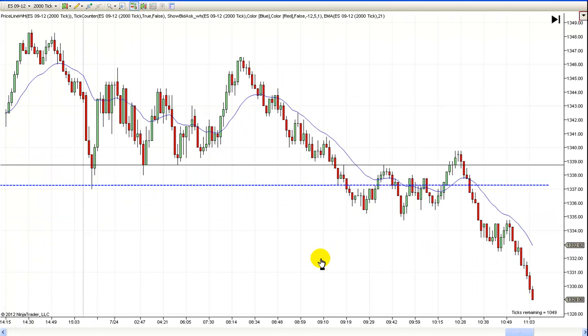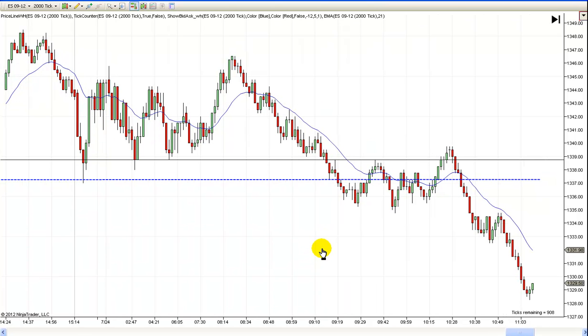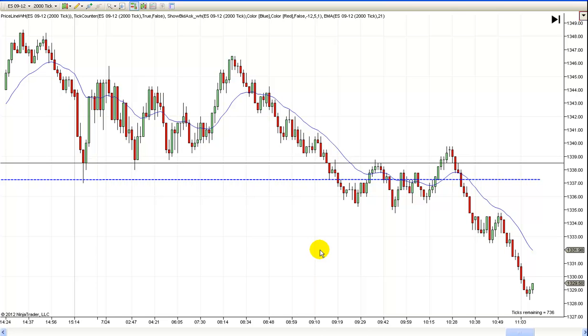People all the time ask me, they say I can't make my bars look like yours. I've got a 2000 tick chart and I'm using CQG for my data provider as well, but I can't make my chart look like yours. And with tick charts, that's one of the things about them, the way the ticks are counted and figured, depending on where you start. Really, what a tick bar is doing is counting a certain number of ticks before it creates the next bar.